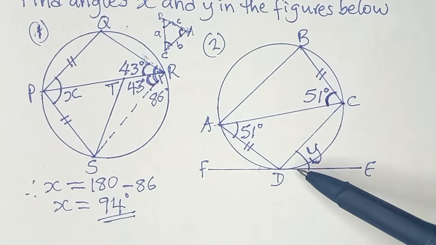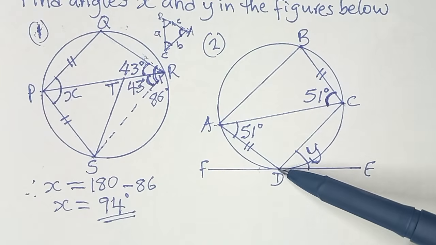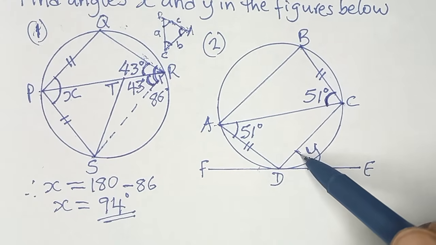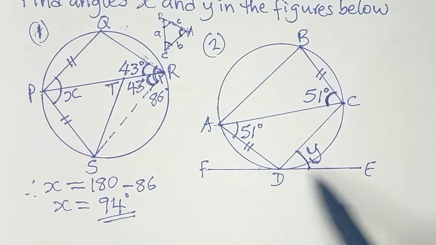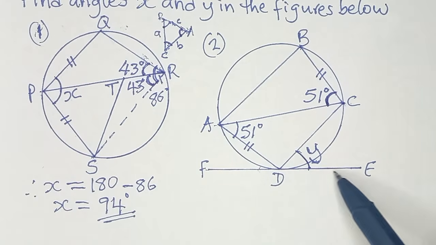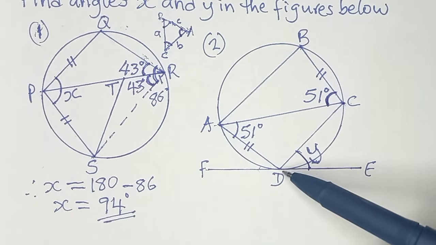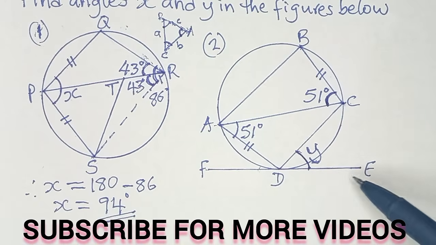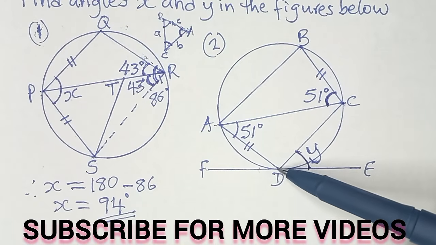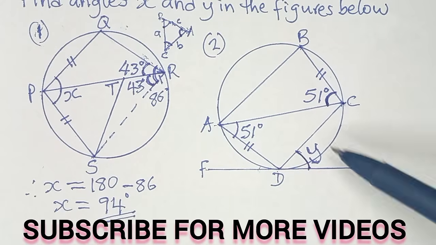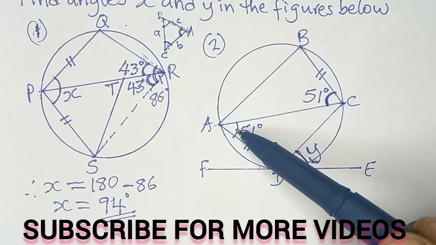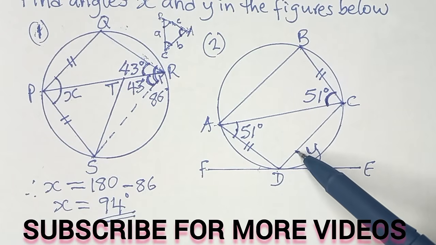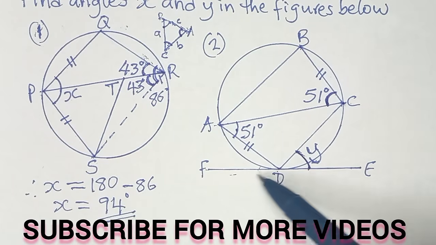So now what you just need to look at finally is that this chord DC makes angle Y with the tangent FDE. So this is the tangent, the external line touching the circle. In the same way, the angle that the chord DC subtends in the triangle inside the circle must be equal to the angle that the chord subtends with the tangent.